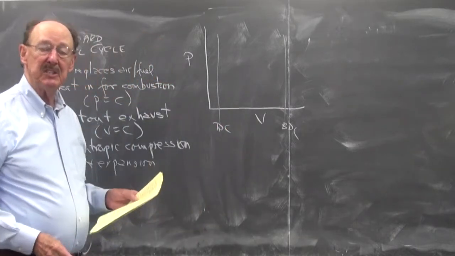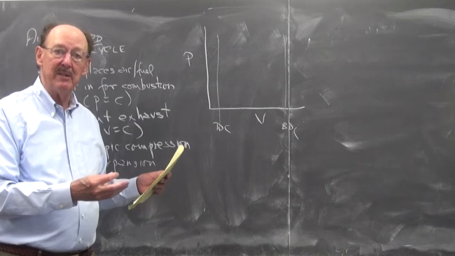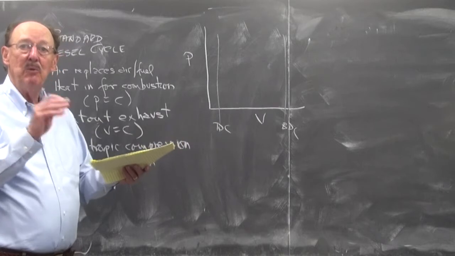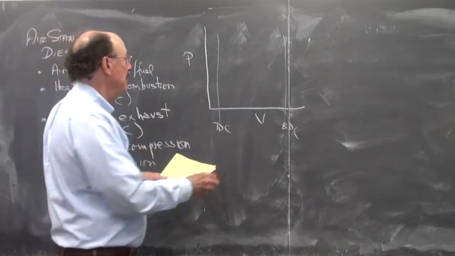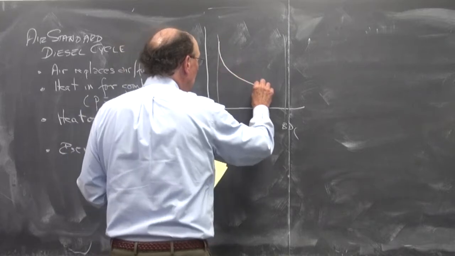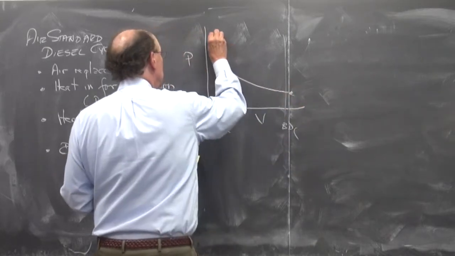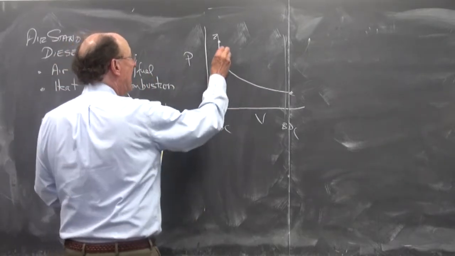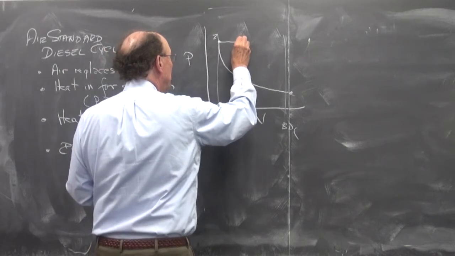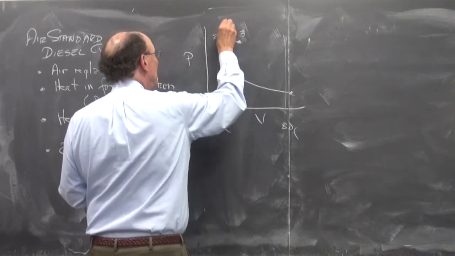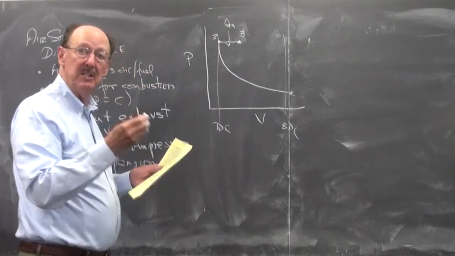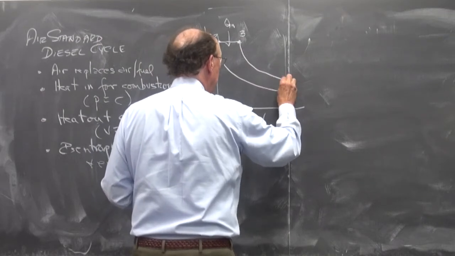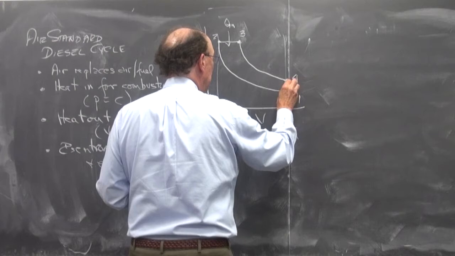What happens in diesel cycles is that the compression ratio is greater because I need a high temperature at state 2 when we inject the fuel into it. So I'm going to have a higher compression from 1 to 2, and now I'm going to add heat at constant pressure. So here's the Q in. Then we expand in a reversible adiabatic fashion down to state 4. So we have 1, 2, 3, 4, and then we have Q out.